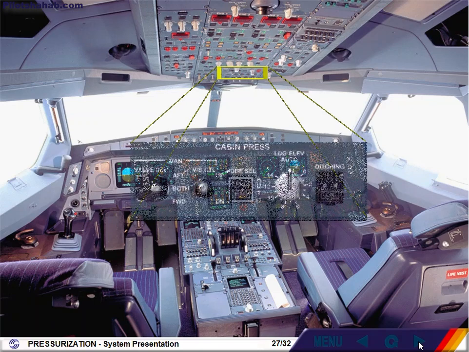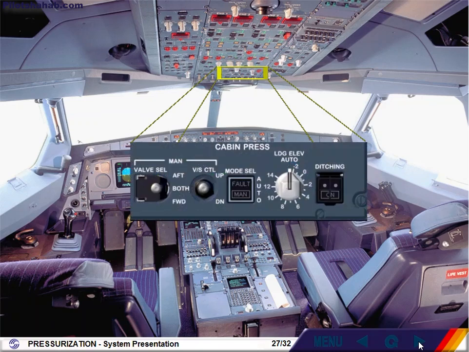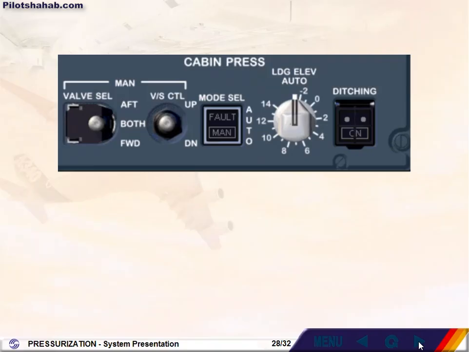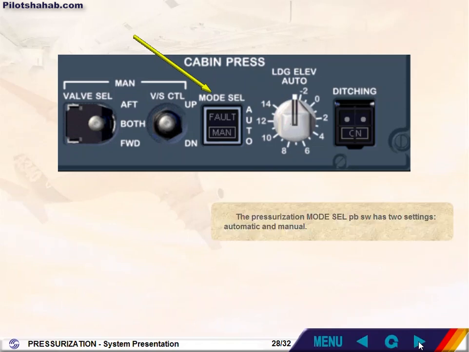On the overhead panel, the cabin pressurization panel contains controls to operate the pressurization system. Under normal conditions, no pilot action is required on this panel during flight. The pressurization mode selector push-button switch has two settings: automatic and manual.